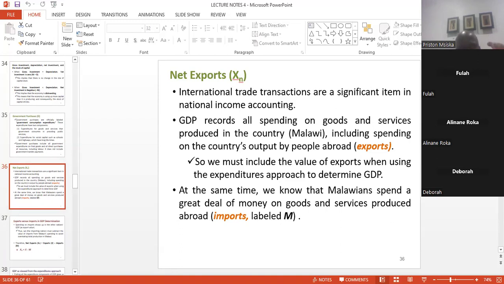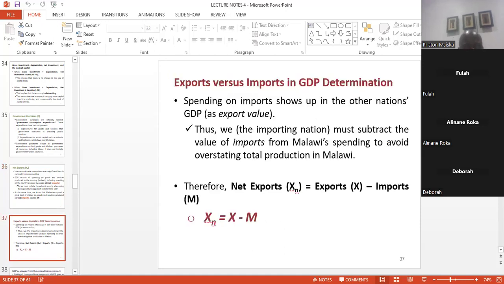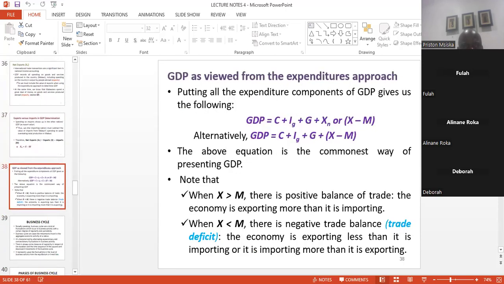But at the same time, we should reduce what we have spent on imported products. So now, that is the formula which I explained.